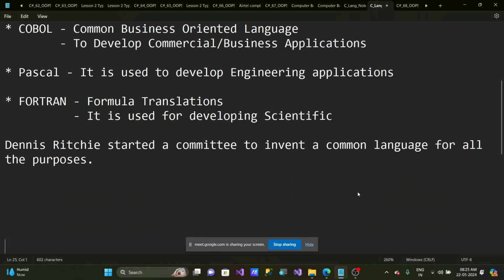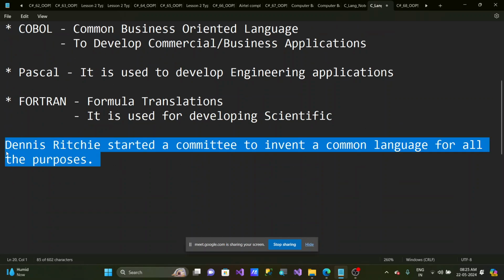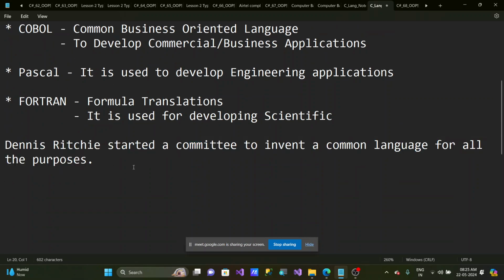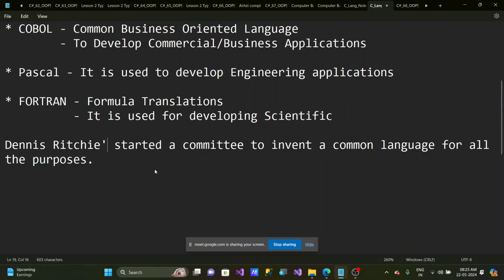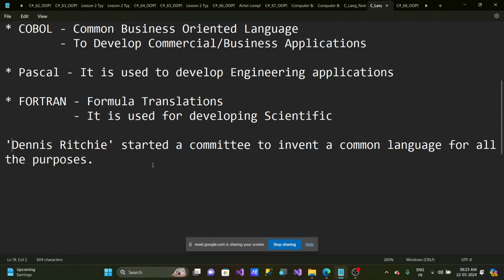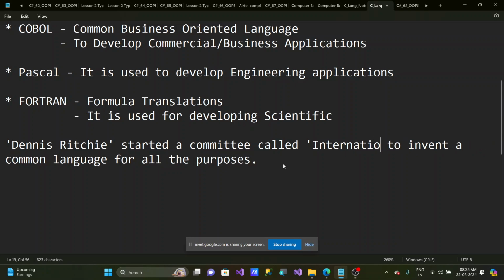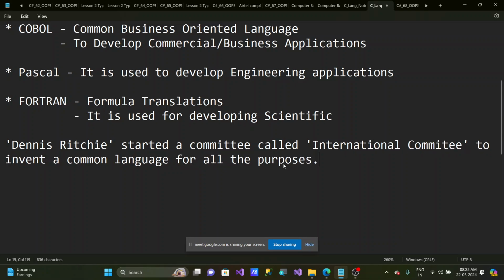That was actually the intention of developing the C language. He is the scientist, the father of C language. He started a committee called the International Committee. That is the name of the committee, guys. International Committee.